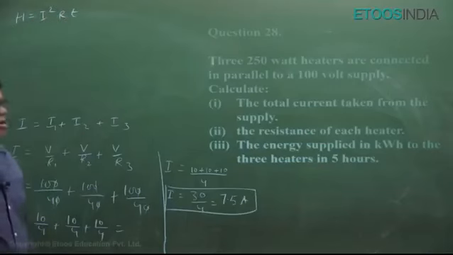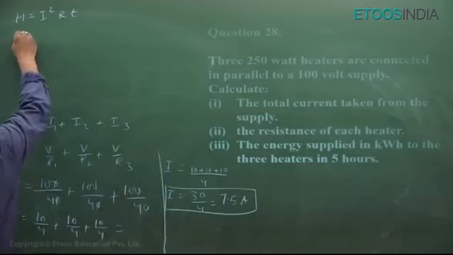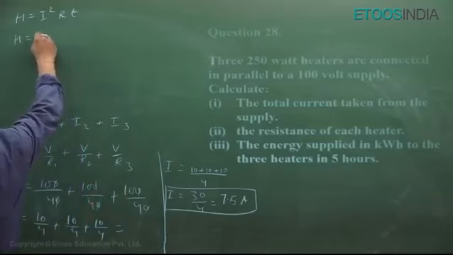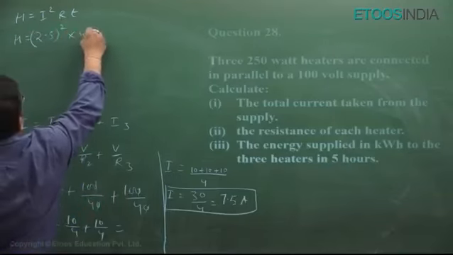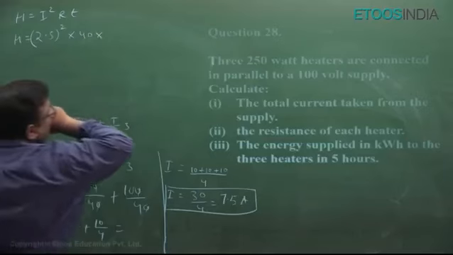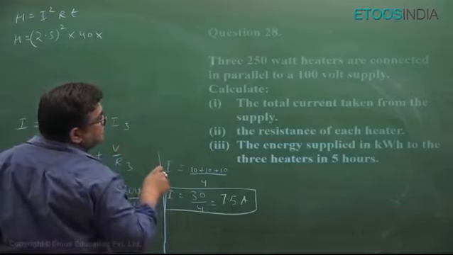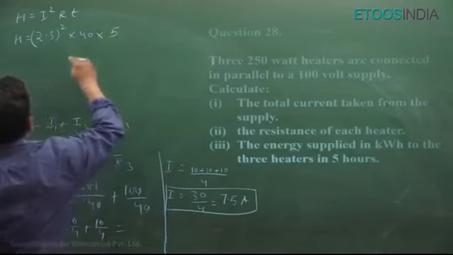Now for each, if I want to find out the energy supplied in 5 hours, we know that H is equal to, what is the current in each? It is 2.5 square into 40 into time, that is 5 hours.